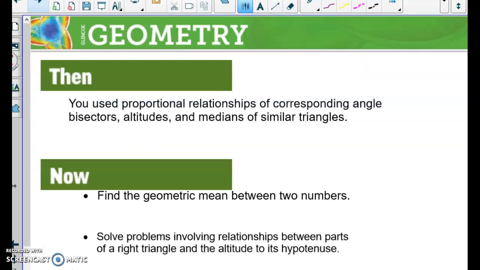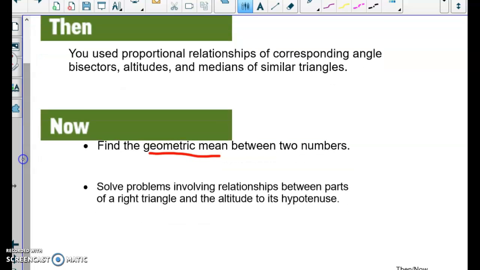Alright, so what we're going to be learning today is we're going to be talking about geometric mean, and in the past you've done the arithmetic mean, which is adding two numbers together and then dividing by 2. Well, the geometric mean is multiplying them together and then square rooting. So the geometric mean, we're going to take a times b and then square root.